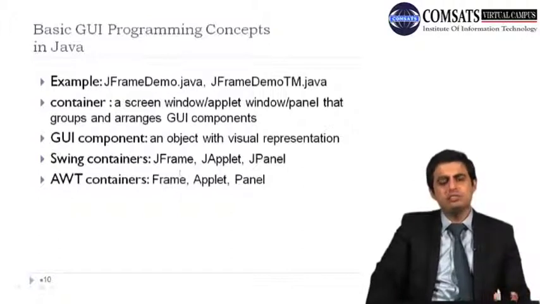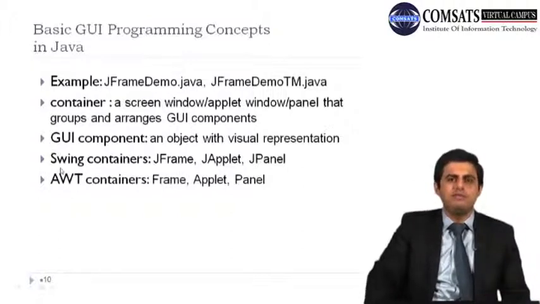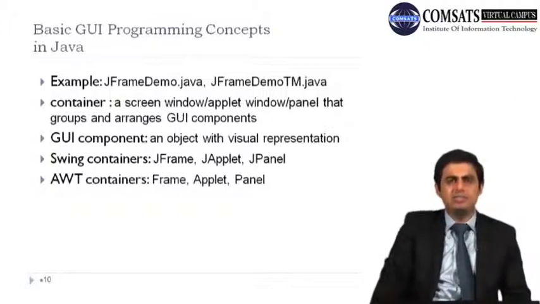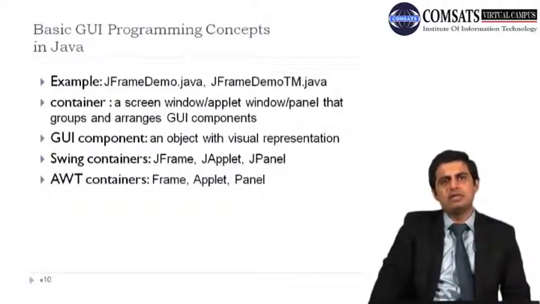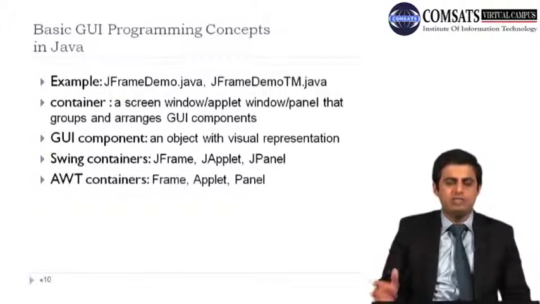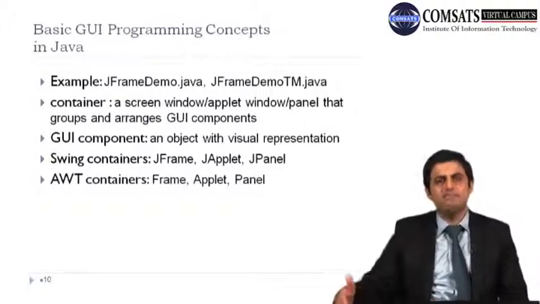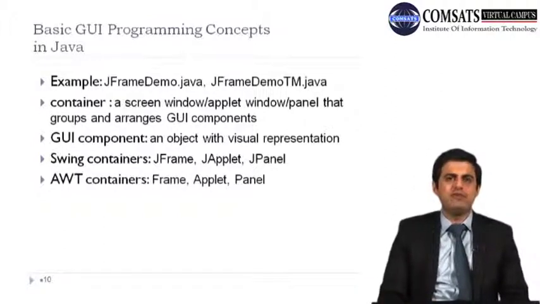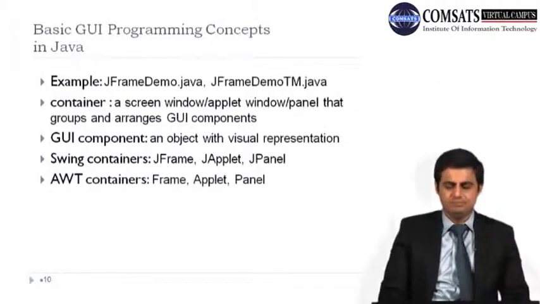Of course, in Swing you have a variety of components and a lot of extra added features, because Swing is a newer version of the GUI toolkit, with more functionalities and a lot of different classes added to AWT. But still, as I told you before, for event handling and for layouts, you still prefer AWT containers.